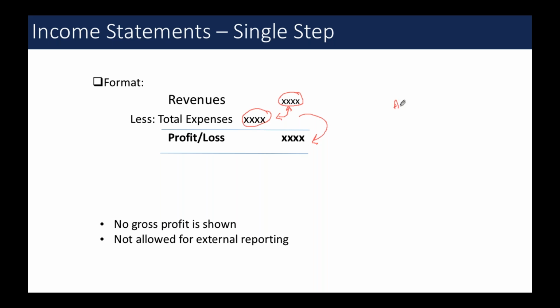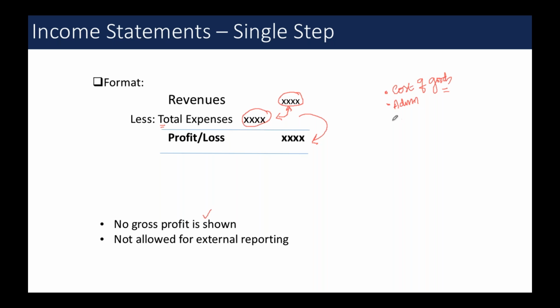We don't know what is the expense incurred on admin, what is the expense we incurred on cost of goods. When we do not know cost of goods, obviously we cannot know the gross profit. But here we have total expenses, no classification of expenses. Therefore, we cannot know gross profit from this preparation.